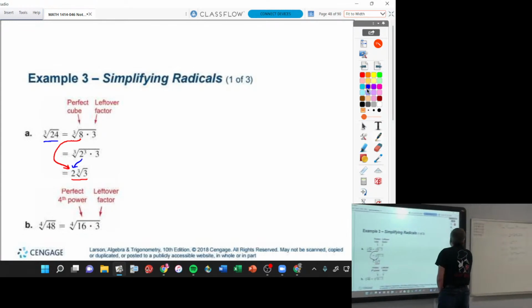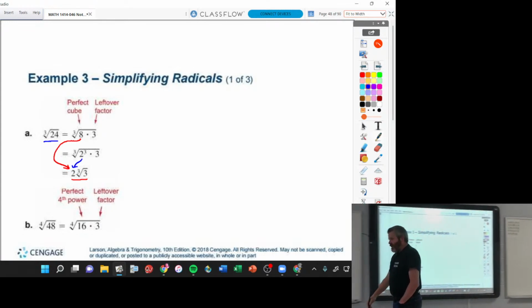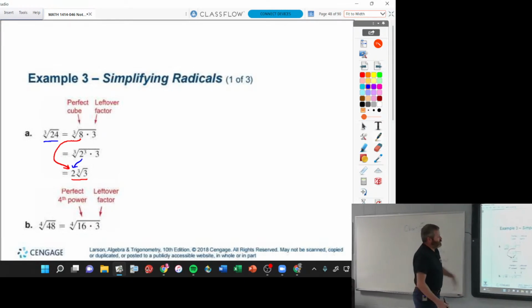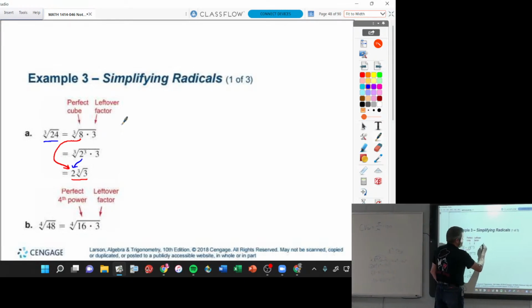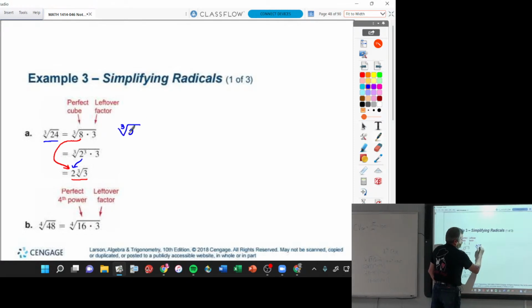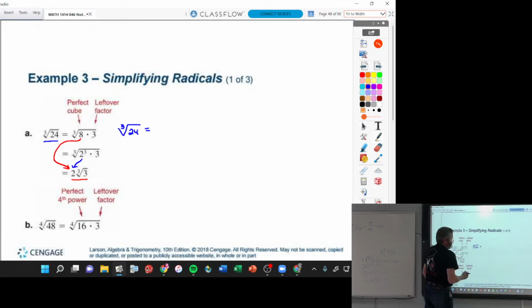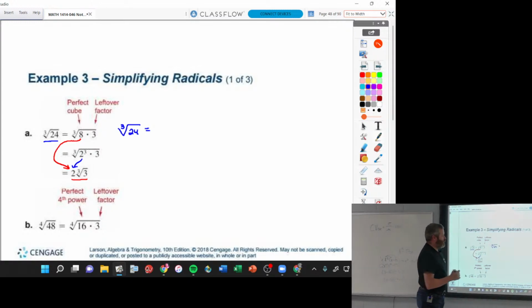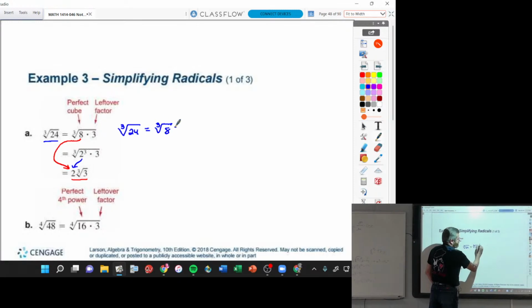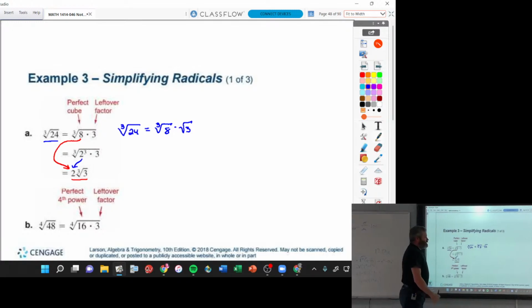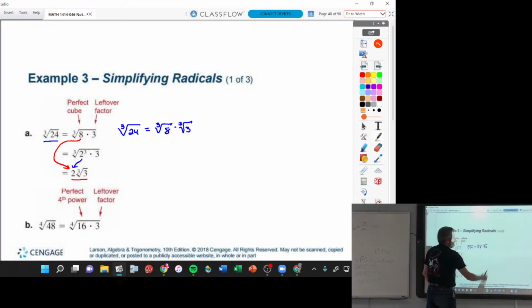Another way I've done this in the past is, instead of writing it as one radical like they did in the first step, I could say the cube root of 24 is equal to the cube root of 8 times the cube root of 3, since 8 goes into 24 and 8 is a perfect cube. Forgot the index, sorry about that.